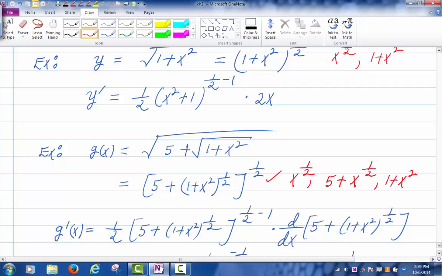So what you did is you took the composition of three functions. The innermost function is 1 plus x squared. You plug the innermost in this middle one, you get this quantity here, and then you plug that in the outermost, you get the entire function. So the point is here you had a composition of three functions, and therefore you applied the chain rule 3 times. Is that making sense? Everybody's cool with that?